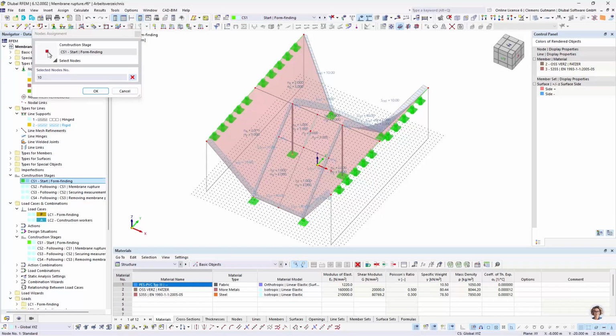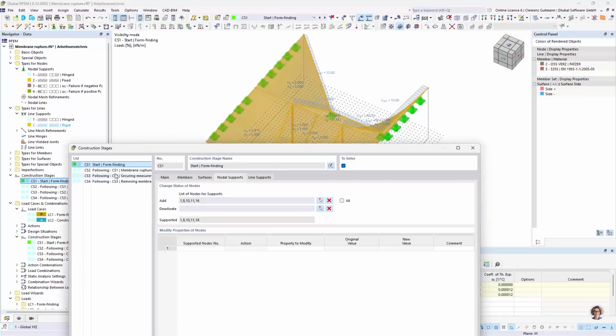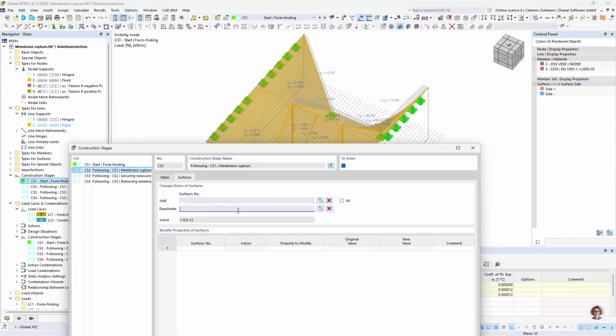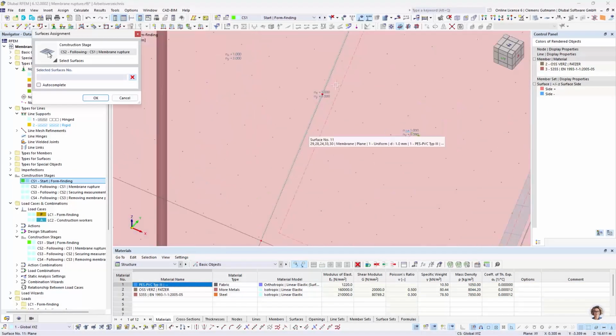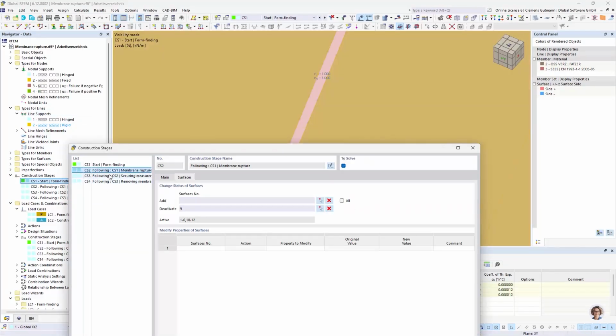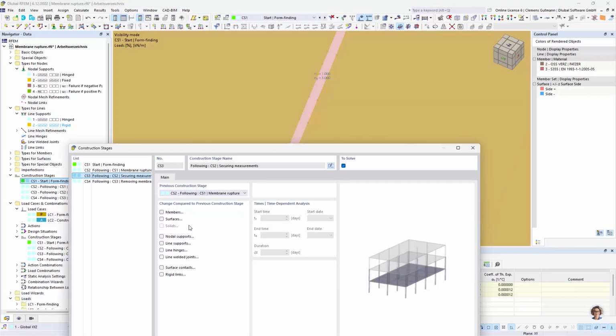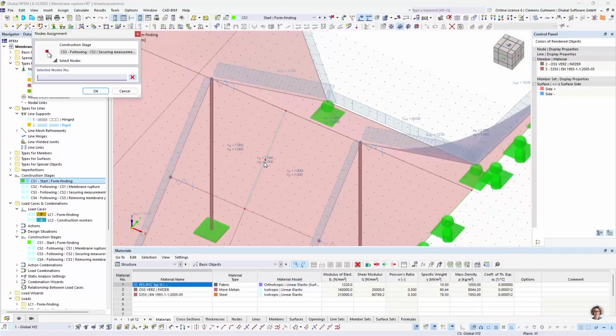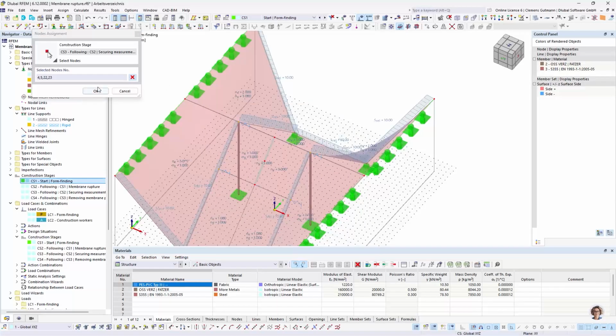So we only have the first 6 nodal supports in the beginning. Okay. Then we have the membrane rupture. Here we want to deactivate one surface, the small one here. Then we have the securing measurements coming in, and these are the 4 additional nodes.